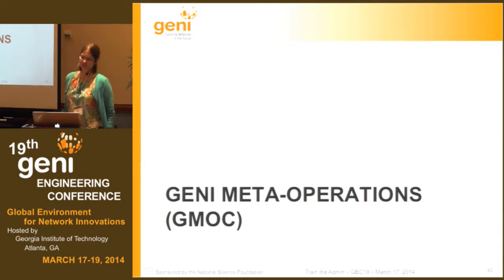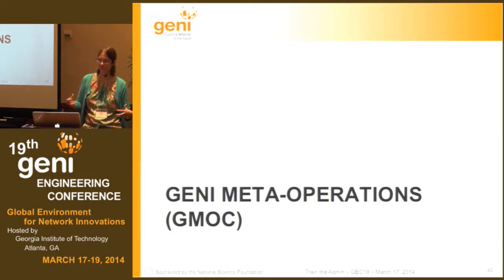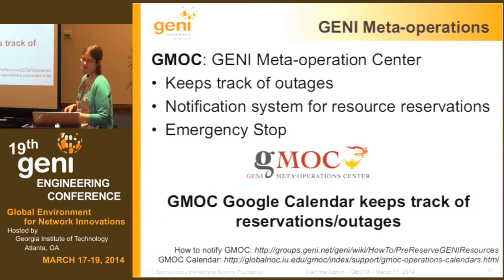Okay. So we talked about the racks and how they're connected to each other, but there's this other aspect of operations, which is meta operations. Because GENI is a federation, there's people at various places, rack admins and others, who own and operate their own equipment, in conjunction with the rack teams.